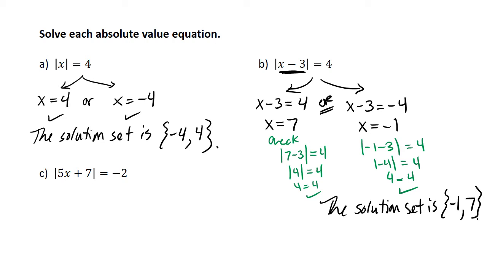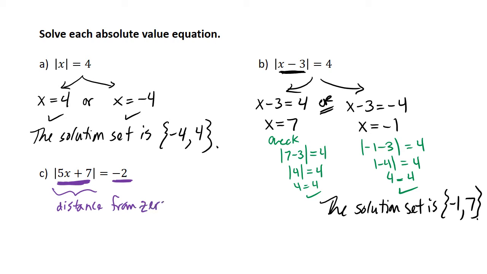Two possible results. In our last example of the page, we have an input of 5x plus 7 inside of our absolute value. Now, this absolute value, according to the statement, is equal to negative 2. That's not possible. Remember, what this is saying is that our distance from 0 is negative 2.